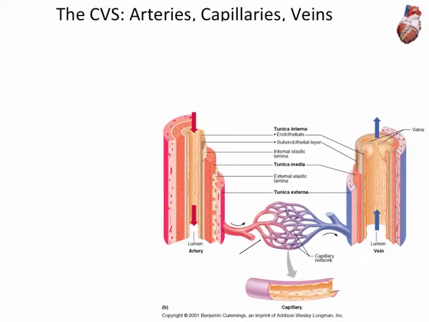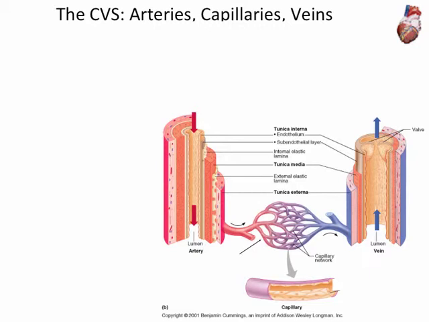So then more superficial to the tunica interna is the tunica media. And you can see in the cartoon both the arteries and veins have a tunica media. And there's two cell types in the tunica media. One cell type is smooth muscle cells, and then the other cell type is fibroblasts.